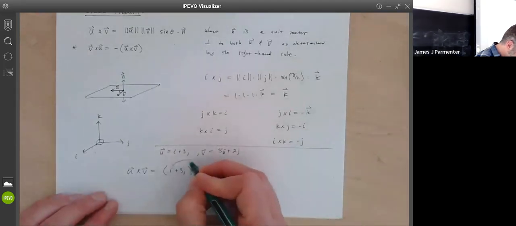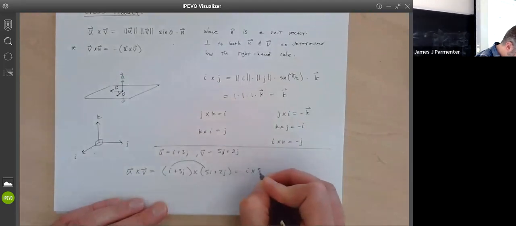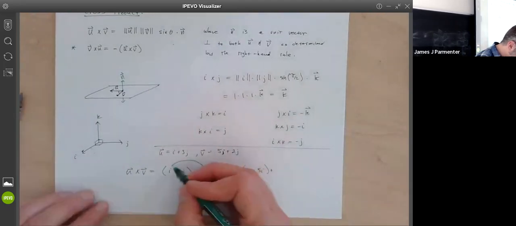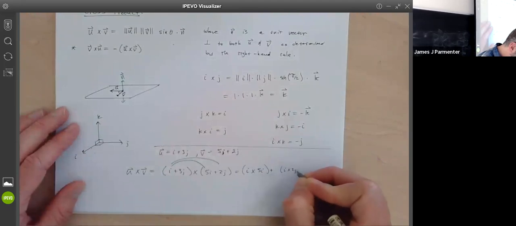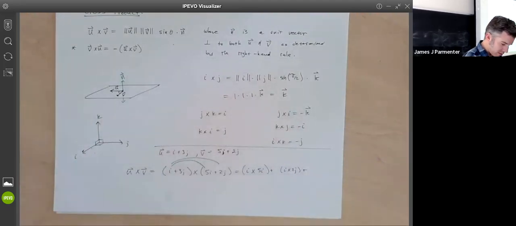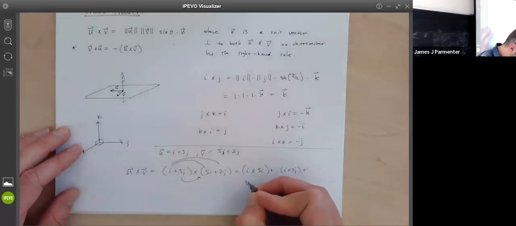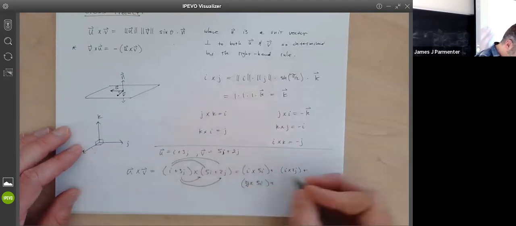I can do I cross 5I plus I cross 2J plus 3J cross 5I plus 3J cross 2J.